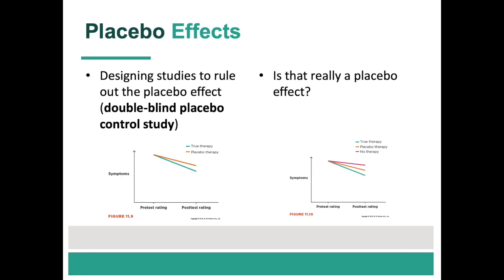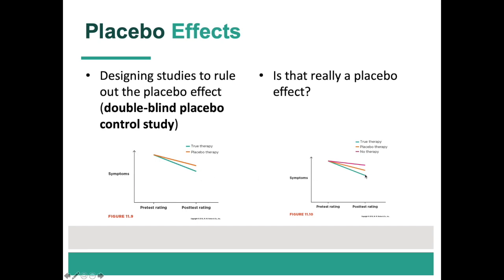Often that can happen by having what's called a placebo group. In that group, you give them something that looks like therapy or looks like the treatment, but is actually missing what is supposed to work in that treatment. For one example, you have the true therapy and a placebo therapy, and you're looking at change in symptoms over time.